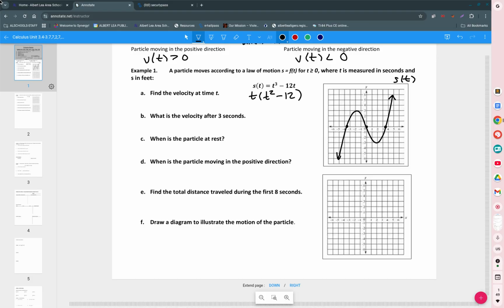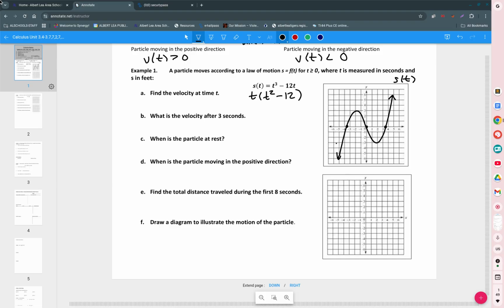Very important that you understand and lean into this piece. I'm going to point to a spot and tell me, right here, is my position positive or negative? The position is negative because I am below the x-axis. Sam, is my velocity positive or negative here?